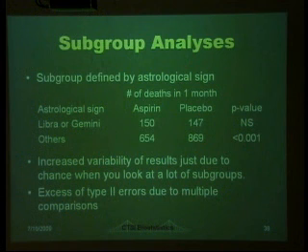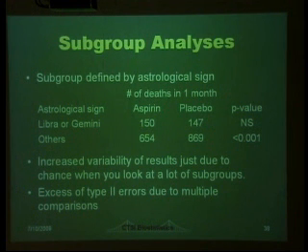So the basic issue here is once you start looking at subgroups, you get increased variability of the results just by chance. Okay? It's not because astrological sign explains the effect of aspirin. That's highly unlikely. But you get increased variability in results just because you're looking at 12 different groups.